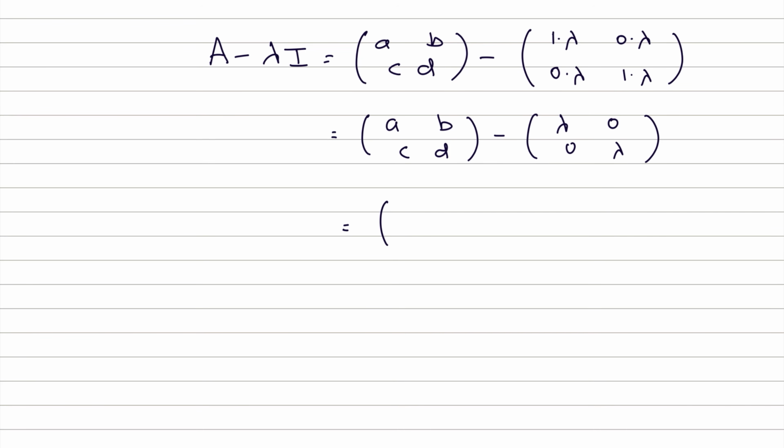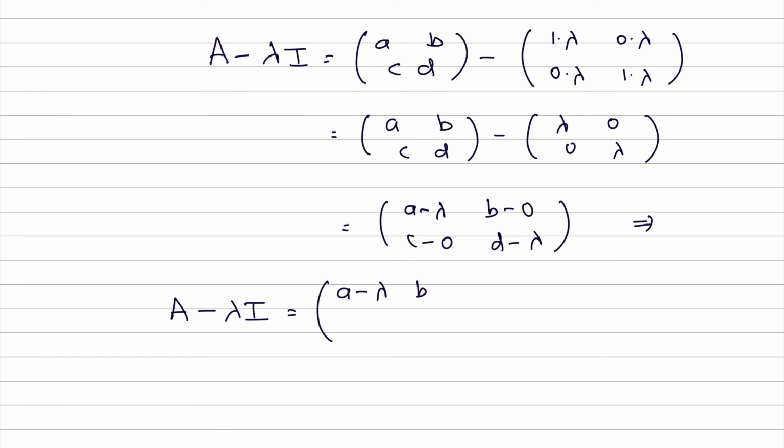That means A minus lambda I is equal to [A minus lambda, B minus 0; C minus 0, D minus lambda]. This implies A minus lambda I is equal to [A minus lambda, B; C, D minus lambda].